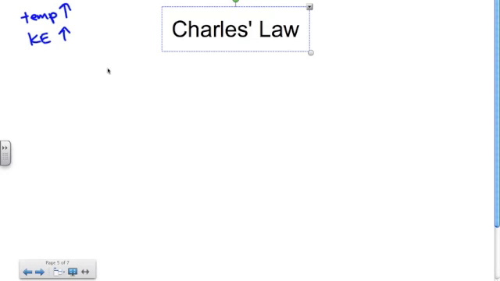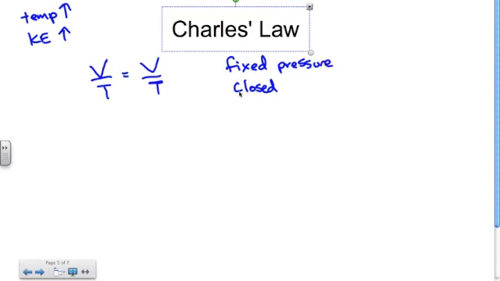And so the relationship in Charles' law is that if our temperature increases and we have a closed container at fixed pressure, and even though it is a closed container, it is able to expand, then as temperature goes up, volume should also go up. So these two things are directly proportional.